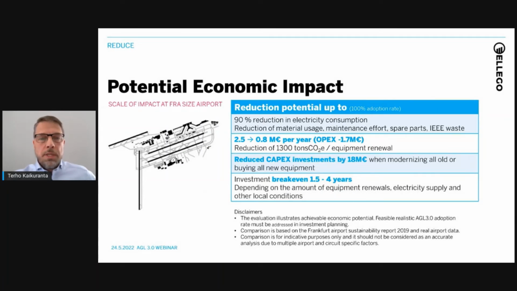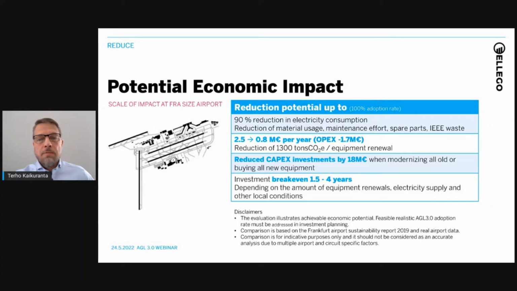And what this would mean in airport scale, another example, scale to the Frankfurt am Main scale as an example. This is again with the 100% adoption rate. And information they have provided in their sustainability report earlier.